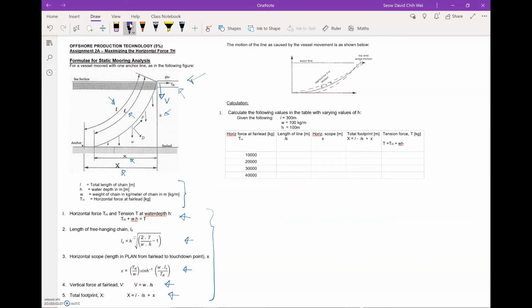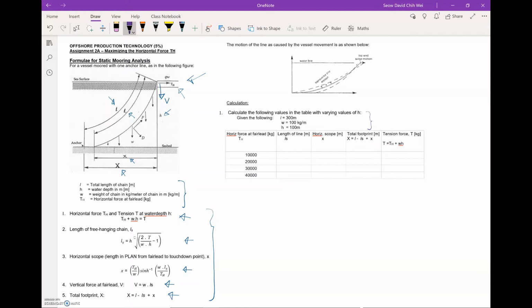I'm going to run through the calculations for this example. On the right, we have a simple scenario where we are given these values: L being 300 meters, which is the mooring chain, W, the weight of chain per meter, 100 kilograms per meter, and the water depth of 100 meters.